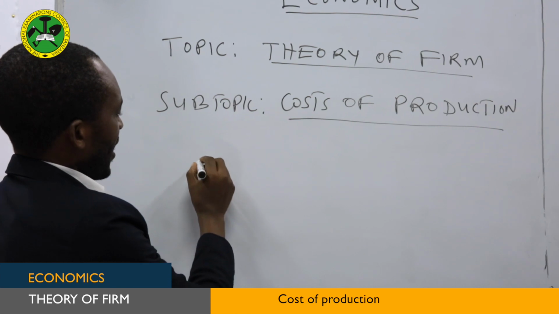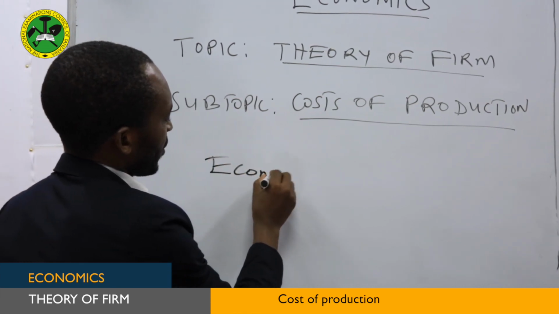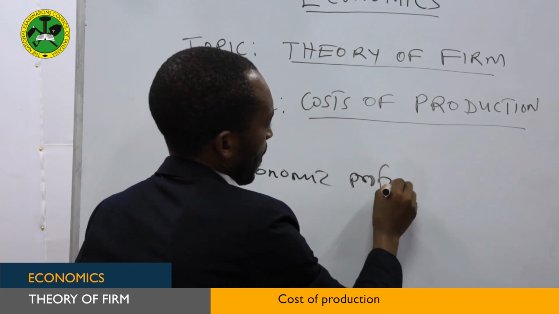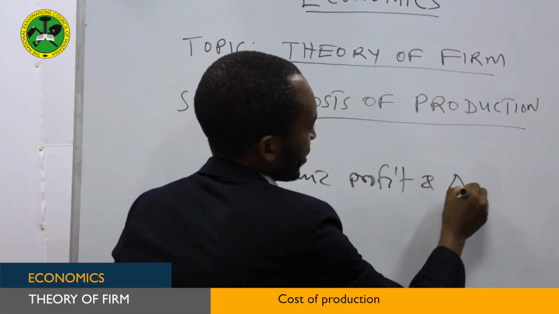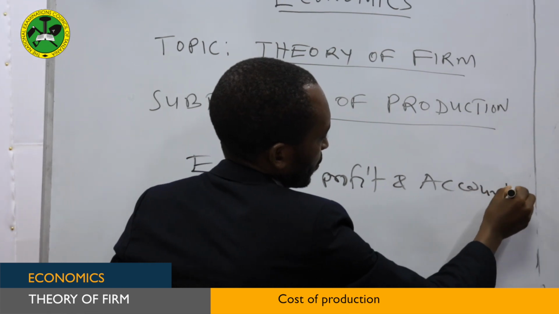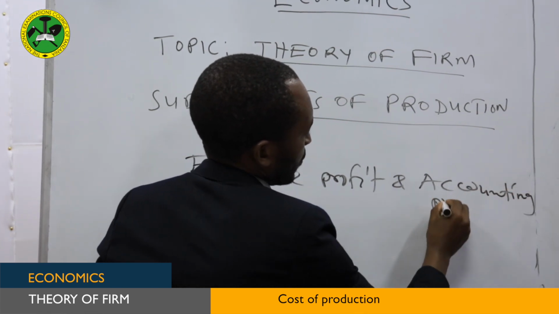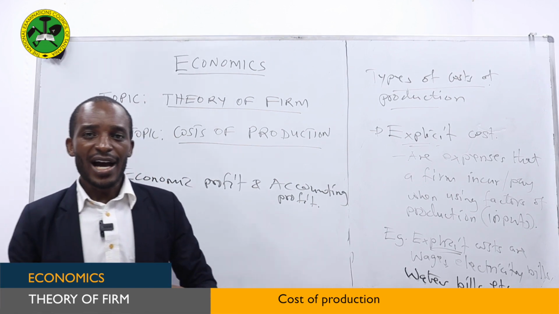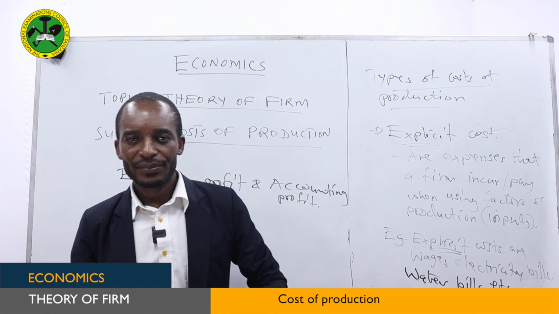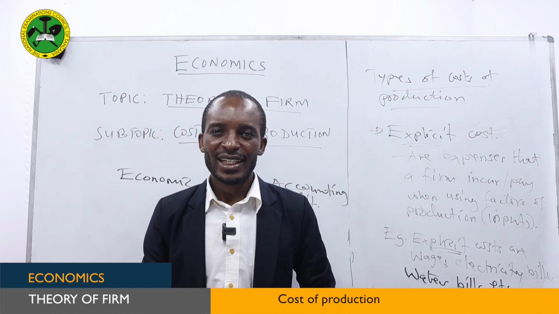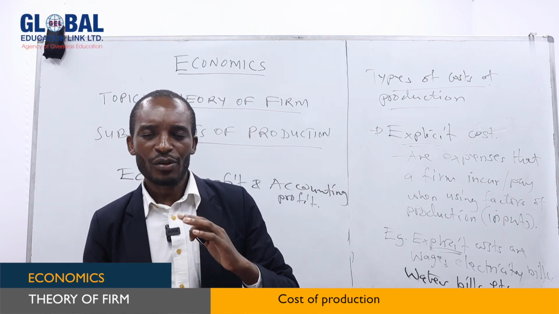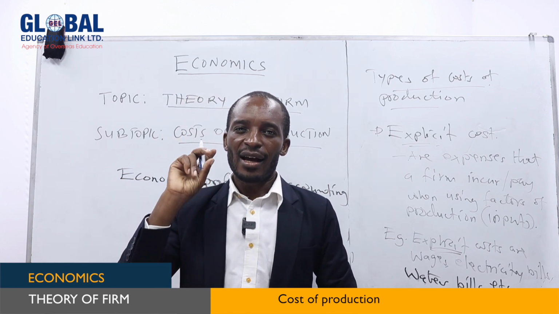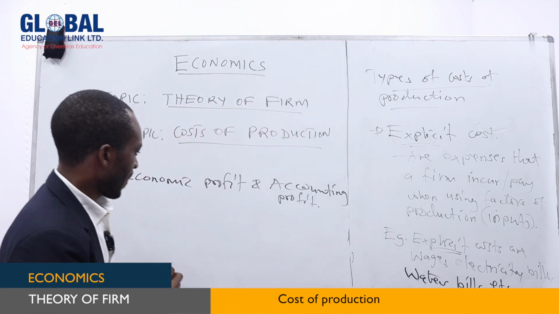Let us see the economic profit and accounting profit. Now, when you are asked to calculate the economic profit, it means that during the calculation you need to consider also the implicit cost.